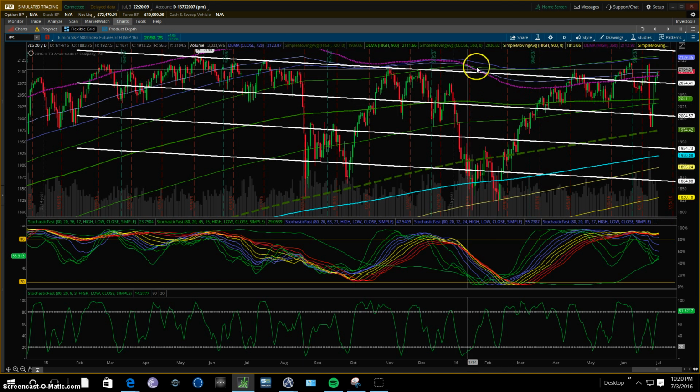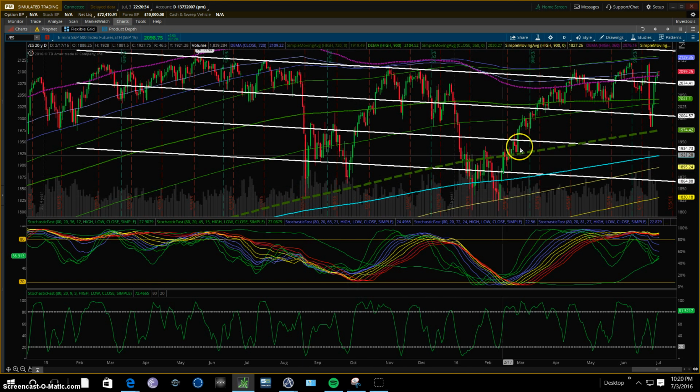This technical here is a downward channel according to the LRC, and the reason I have it measured out just for that length, as you can tell, it's pretty well tagging these on the daily. These tops, these bottoms have been blown through it a bit, but that's what the moving averages are for.